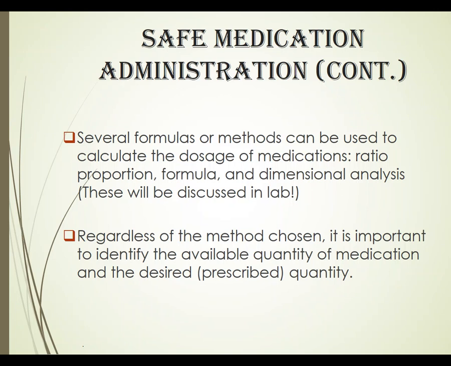Both systems are actually included in your Dosage 360, and there is also an assignment posted in Canvas that shows the work of the dimensional analysis as well as the proportion or formula method. It just doesn't matter what method you choose. It's just important to identify the appropriate medication and the appropriate dose.